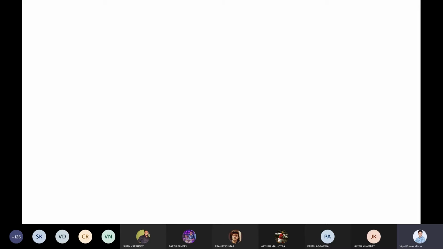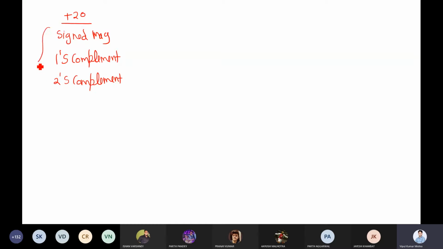So when we want to represent some number, let's say plus 20, whenever you have a positive number, then the representation, whether it's signed magnitude, one's complement, or two's complement, in all three cases, number representation will remain the same.